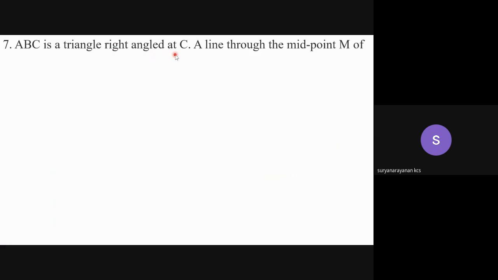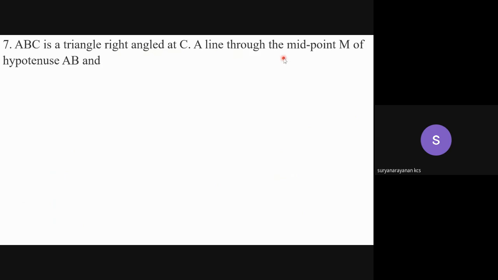Okay, my children. Now come to question number 7. ABC is a triangle, and in this triangle, at angle C, a right angle is formed.